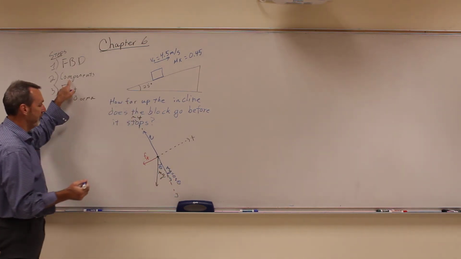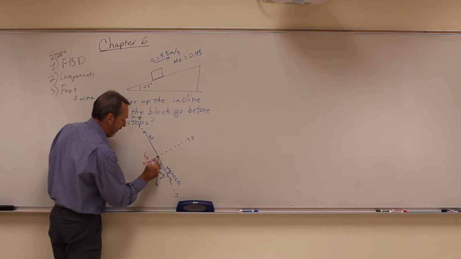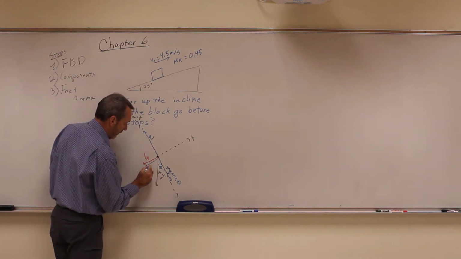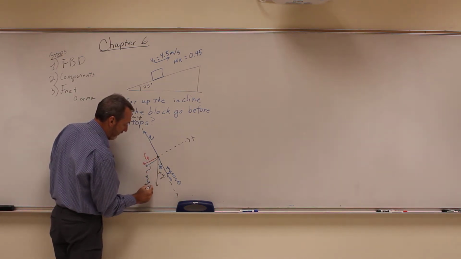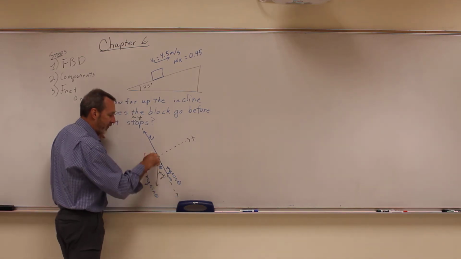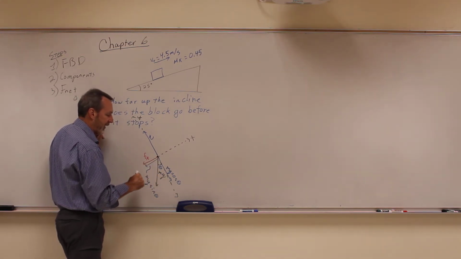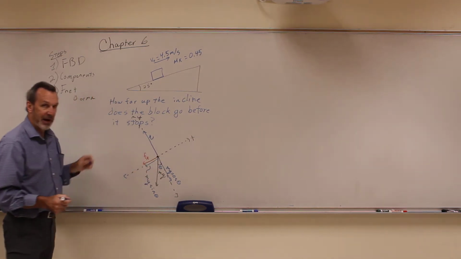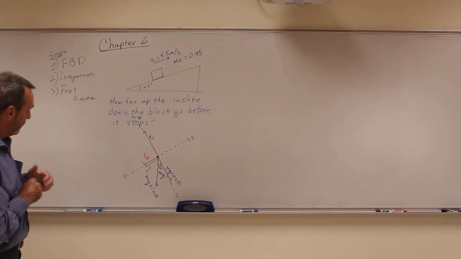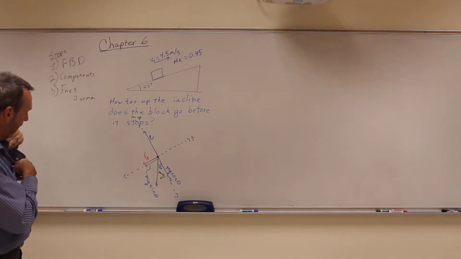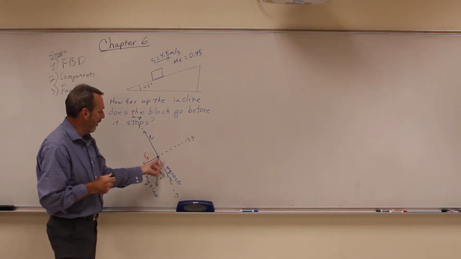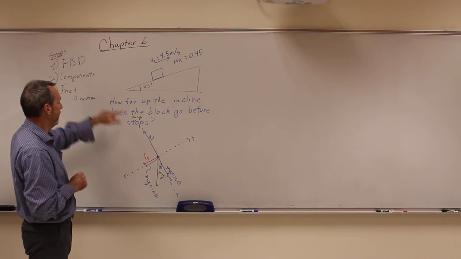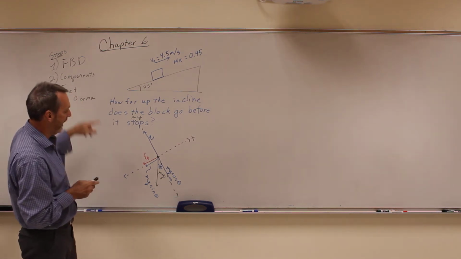So I'm doing step 2. I'm taking the components because gravity is not along either of the axes. So I have mg cosine theta going down, in the negative y direction. This is the negative x direction: mg sine theta going backwards. Okay, so now we have all our forces on one of the axes, so we're going to do F net.